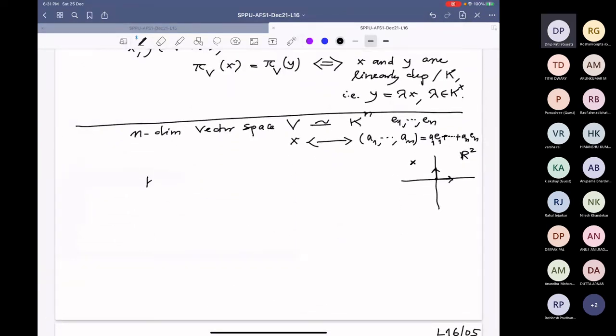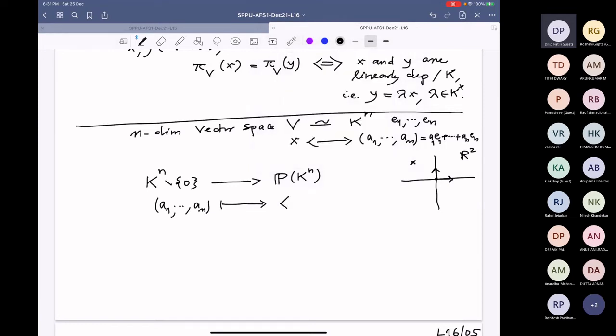All right. So what is that? Therefore, I have to explain what is k power n minus 0 to P k power n. And what is this map? (a1, ..., an) will go to, I will write it and explain.